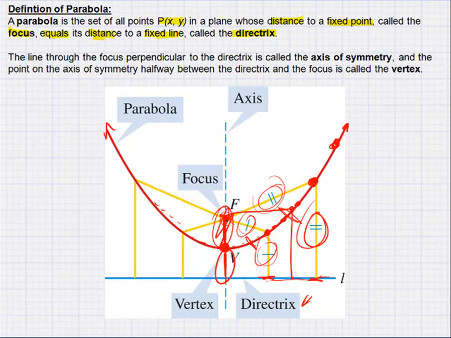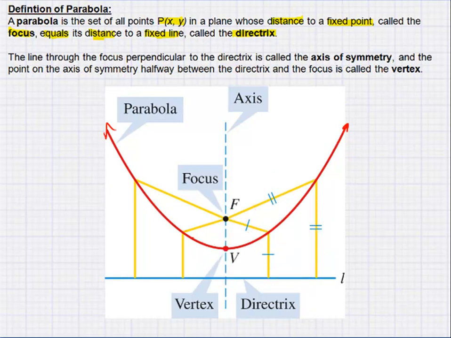Alright, now we're going to label some of these things. Let me erase some of this. So if I look at my vertex as a point on the parabola, and I call this distance here a, then this distance here also should be a. Now let's just say I made the vertex at point 0, 0.